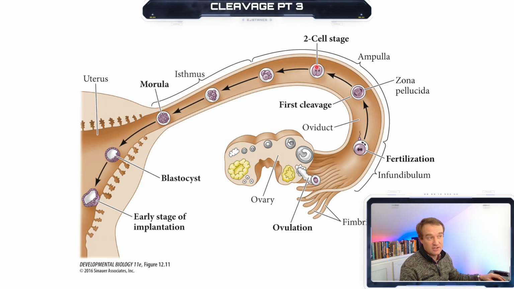Then we start cleavage down here, while still inside the ampulla of the tube, before we start moving down. And by the time it's already a blastocyst, so pretty far in our development, we get to the uterus, and we have implantation after that.